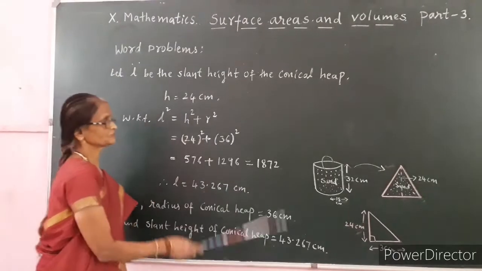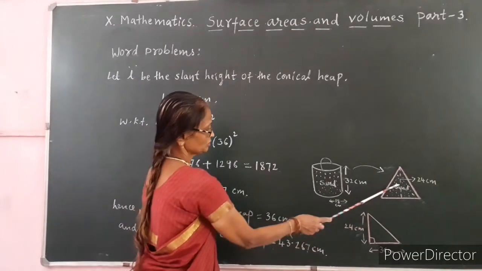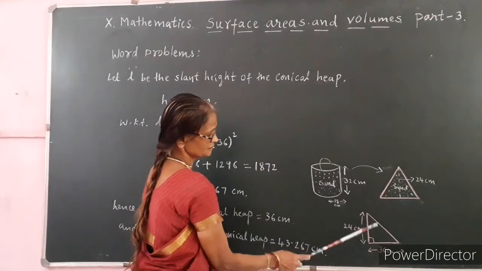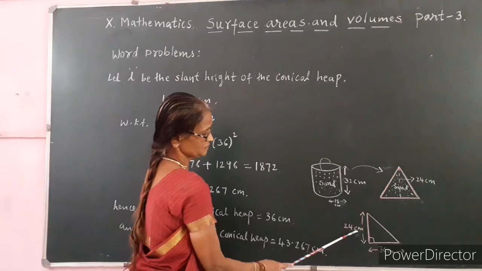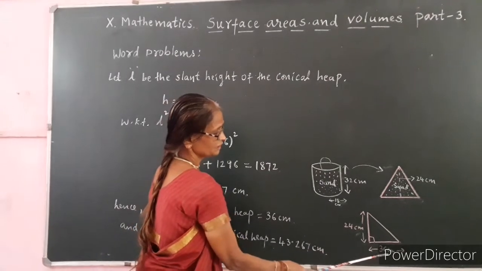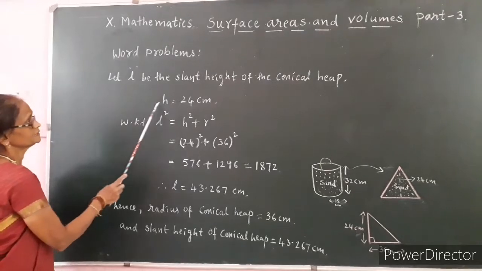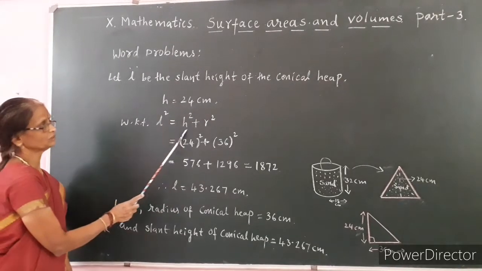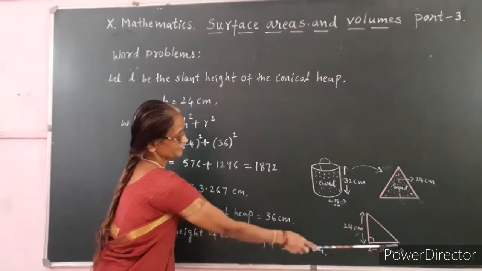Now we have to find out the slant height of the conical heap. Now we have to split into two right triangles. The height of the cone is 24 centimeter and radius we found is 36 centimeter. Now apply the formula. We know that L square equals H square plus R square. Apply the Pythagoras theorem for right triangle.